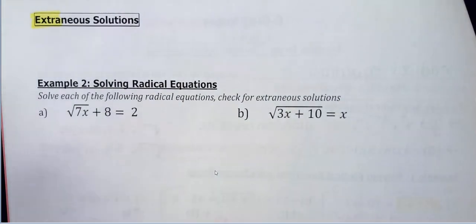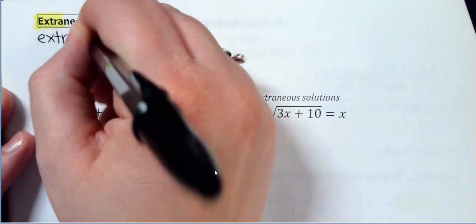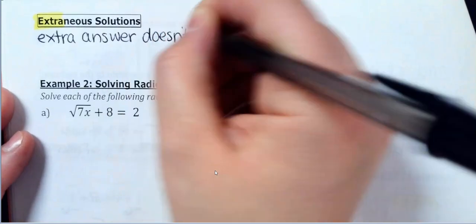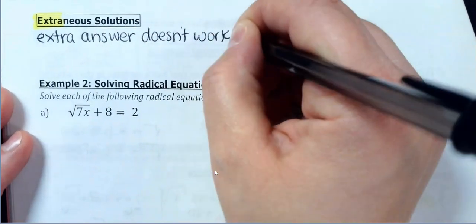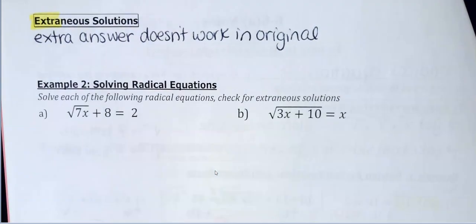All right, so extraneous solutions, just in general, it's an extra answer that doesn't work in your original problem. You do all the algebra totally right, you didn't make any mistakes, anything like that, but there are certain math operations that can introduce this. Absolute value is one of them.